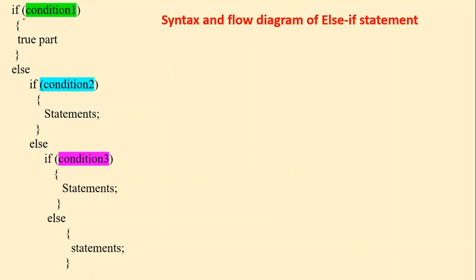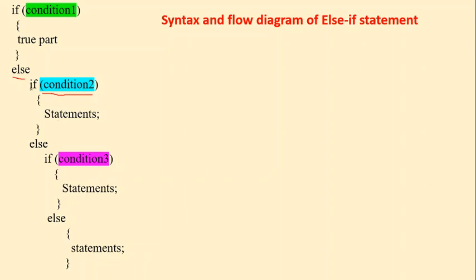Condition 1. If the condition 1 is true, it is entering into the true part. If the condition 1 is false, it is coming to the else part, and it is checking the condition 2. If the condition 2 is true, then it is executing the statements.